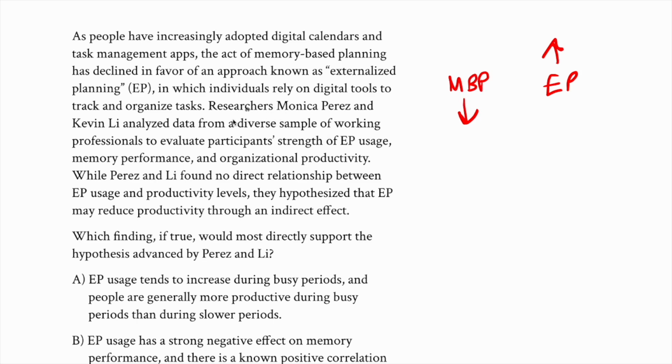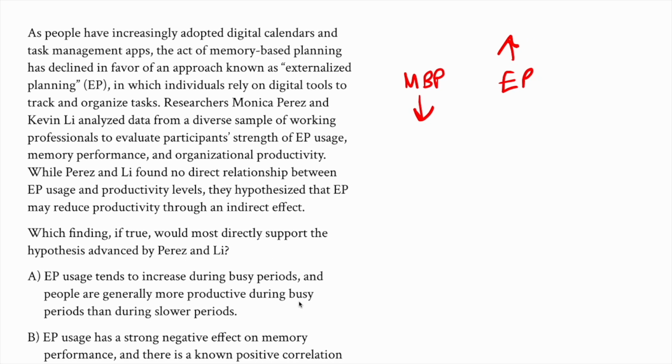Okay, these researchers analyzed data from a diverse sample of working professionals to evaluate participants' strength of EP or externalized planning usage, along with memory performance and organizational productivity. While they found no direct relationship between EP usage and productivity levels, they hypothesized that EP, or externalized planning, may reduce productivity through an indirect effect.